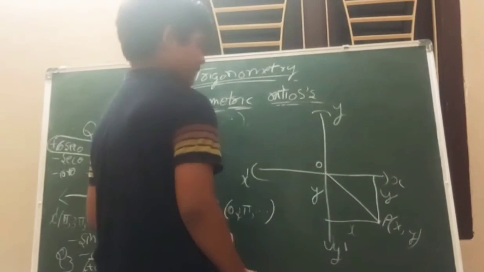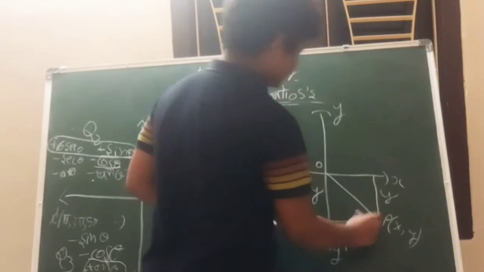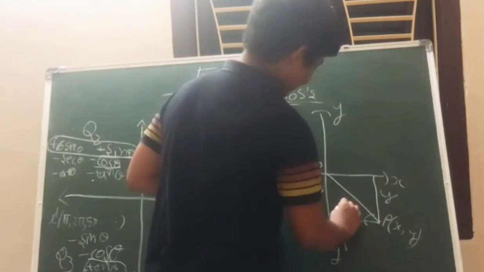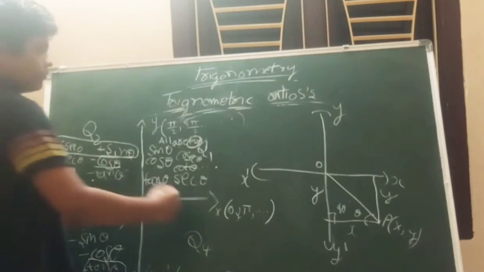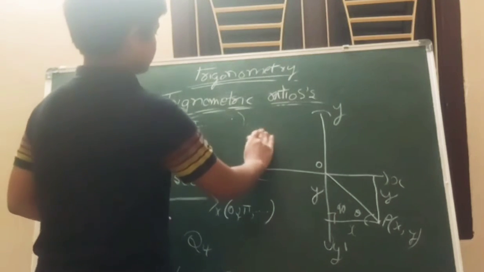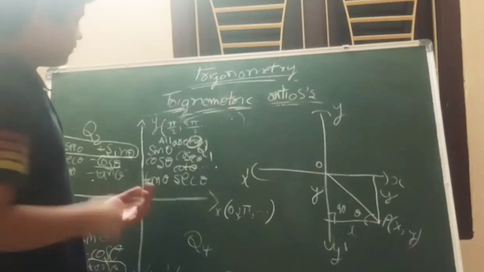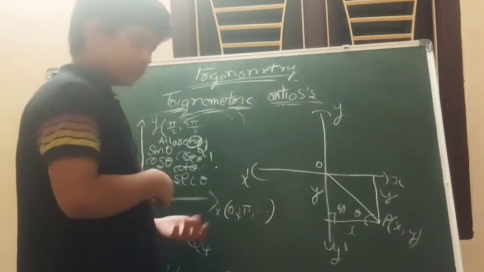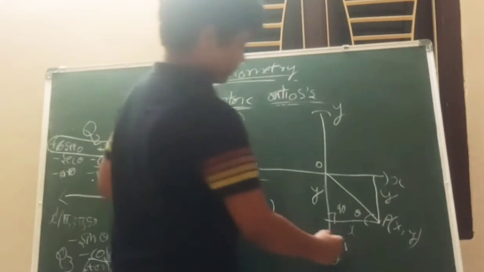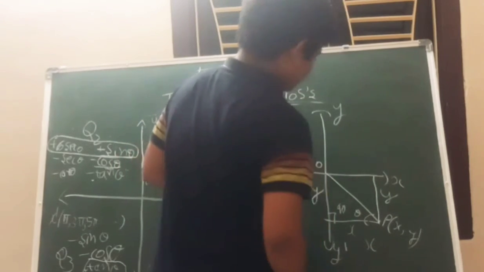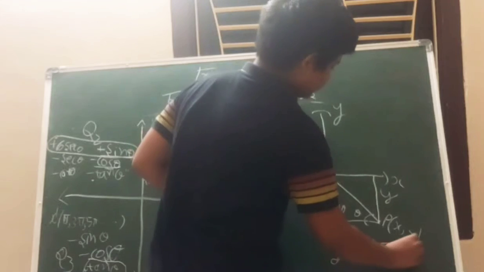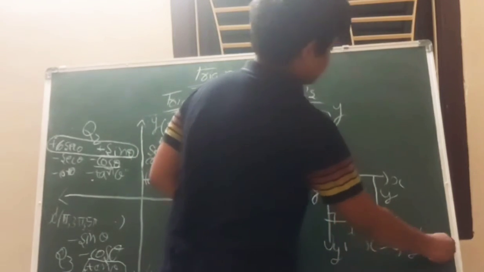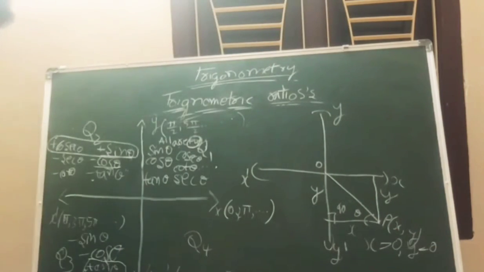Here the angle is theta, and here it is 90 degrees. Before discussing the signs, let us write down that in quadrant 4, x is positive and y is negative.